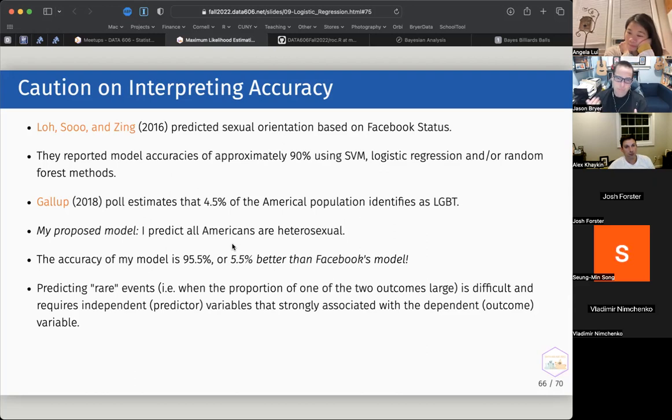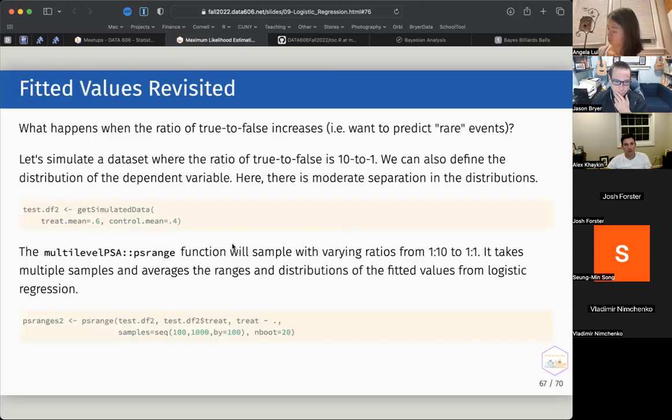When you get to a place where it's like 90%, 10%, 95, 5, quite frankly, where you have one class that's more than 70% of the total, models are going to have a really hard time, unless you have really good measurements or good variables that are correlated to your outcome. So rare events are really, really hard to model.